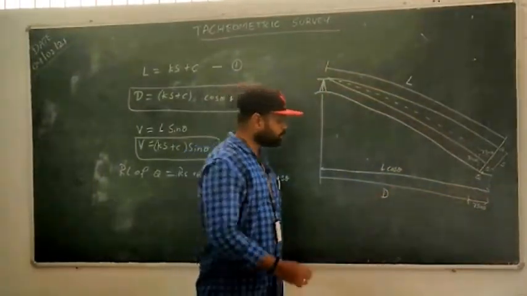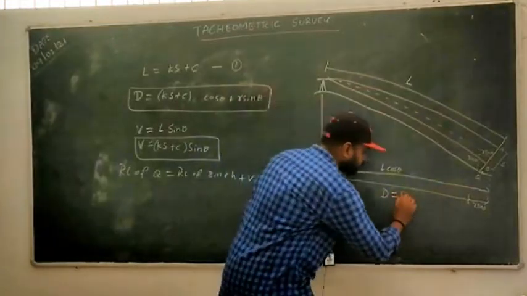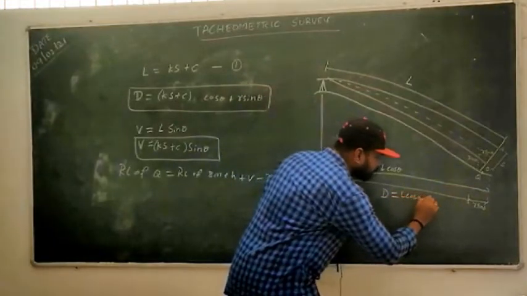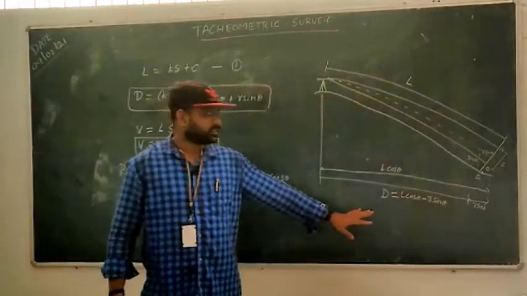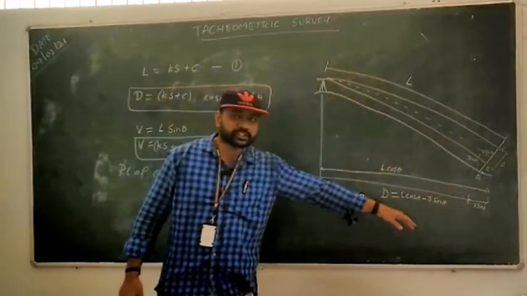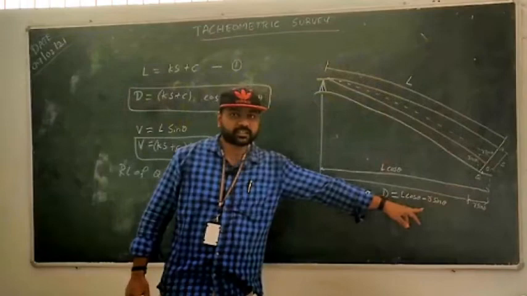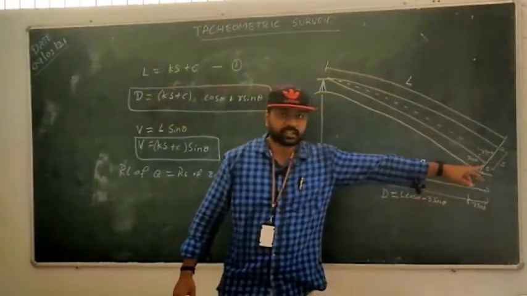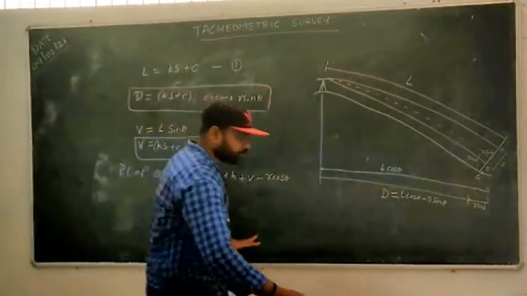So d is equal to L cos theta minus r sin theta. If you keep this vertical, meaning elevation, then the equation is L cos theta plus r sin theta. But here you are deducting, so it has become minus. You know why it has become minus, right? That is the difference, the rest is all the same.